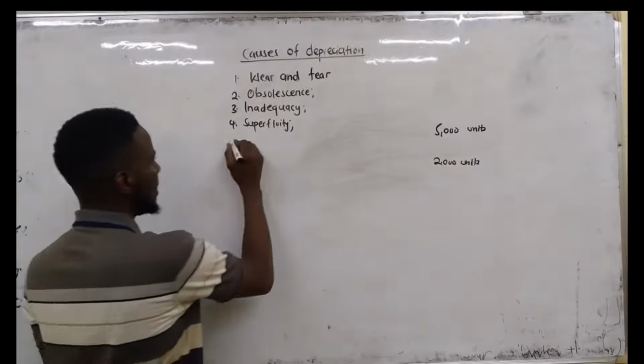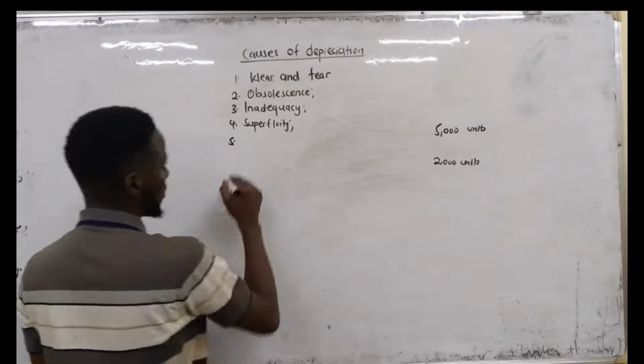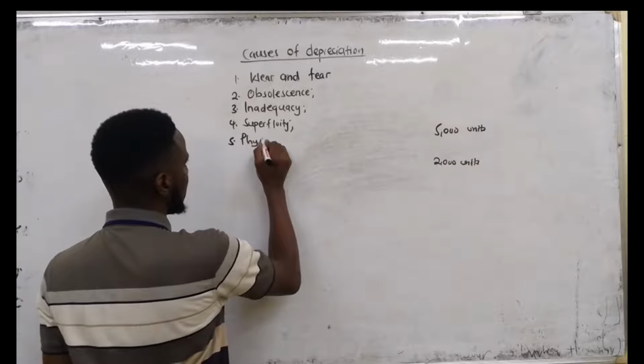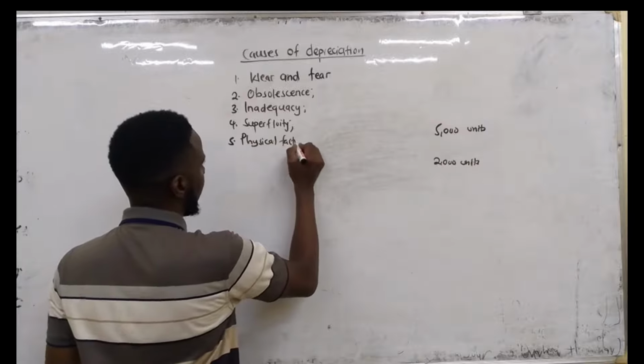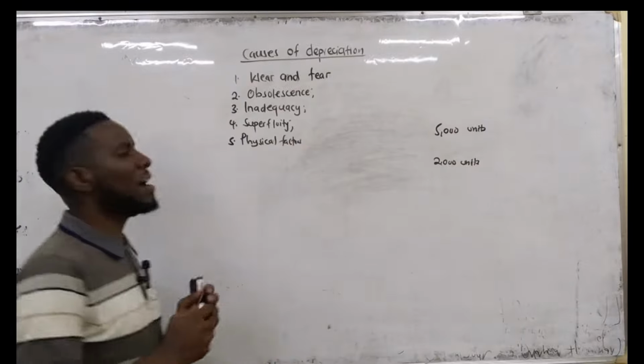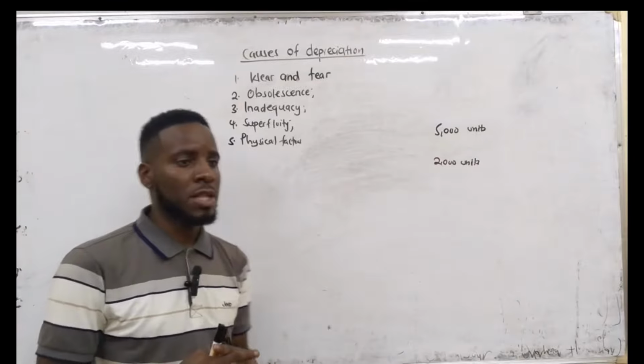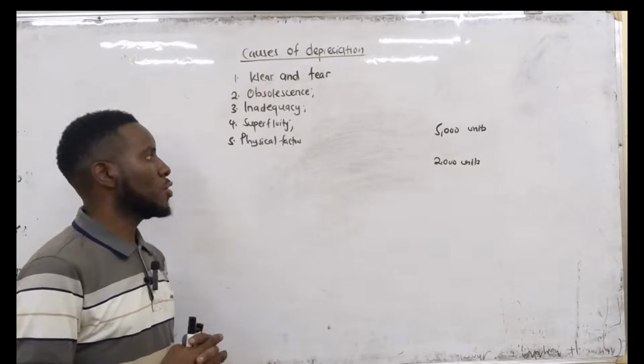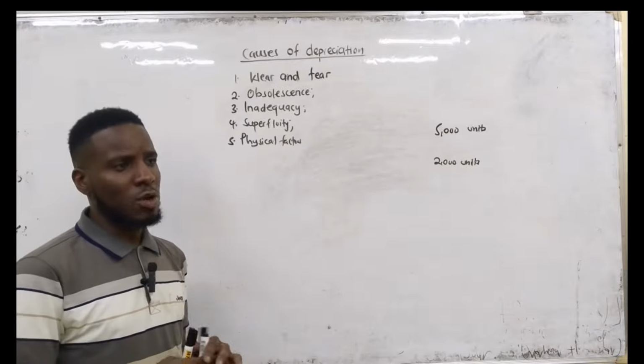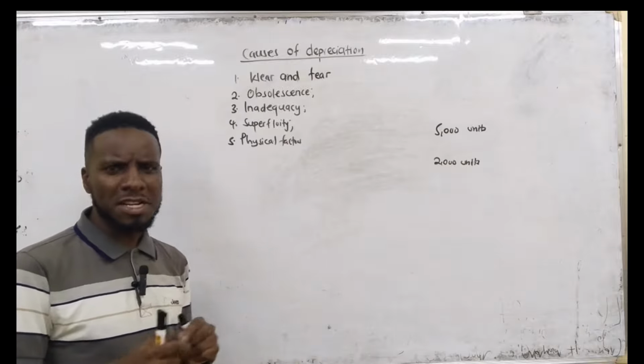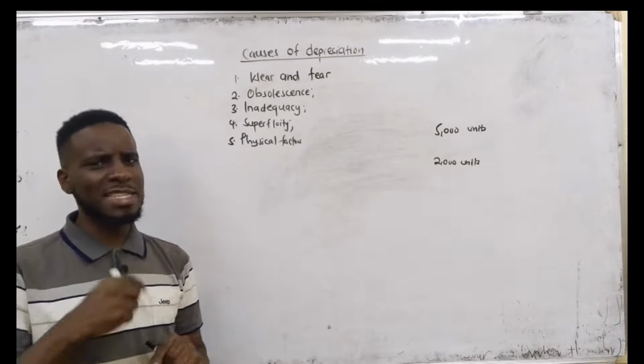And then lastly, allow me to talk about physical factors. Physical factors are things like rain, wind, and fire. When these things affect the asset, that asset tends to lose value.